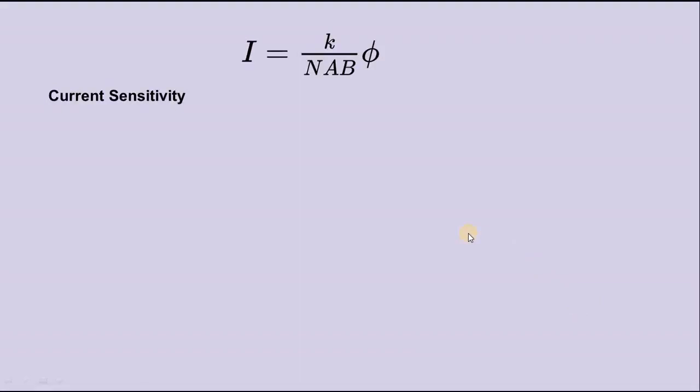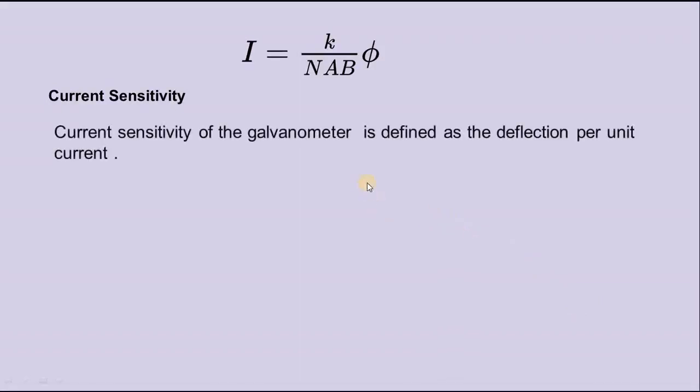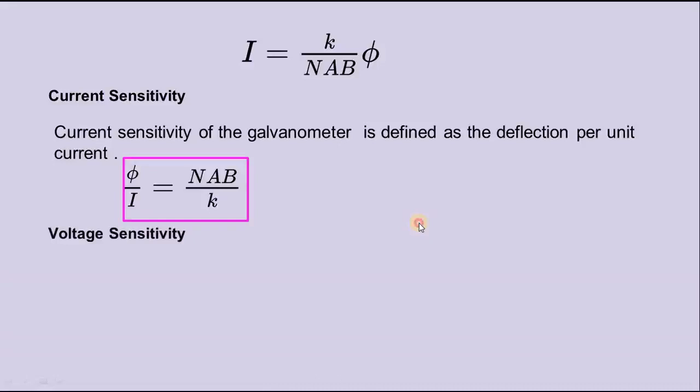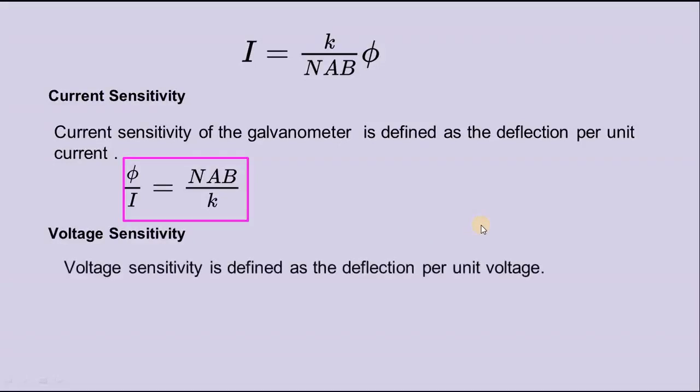Current sensitivity. Current sensitivity of a galvanometer is defined as the deflection per unit current. φ by I equal to NAB divided by K. Voltage sensitivity. Voltage sensitivity is defined as the deflection per unit voltage. φ by V equal to φ by IR, where V equal to IR from Ohm's law.